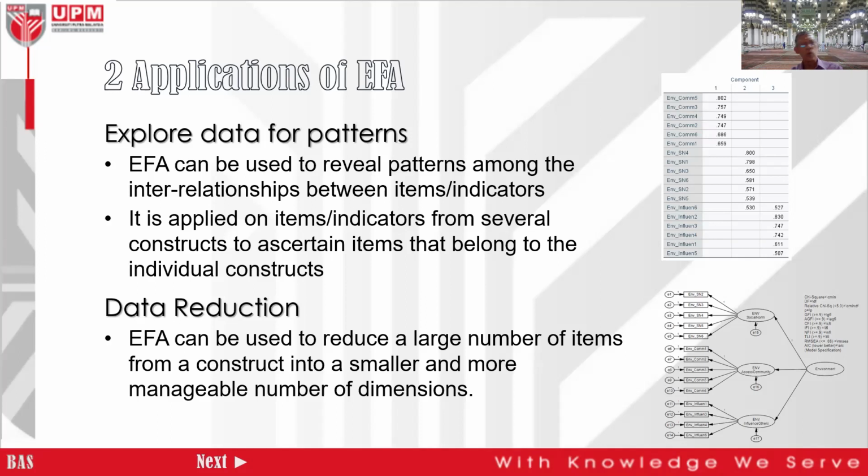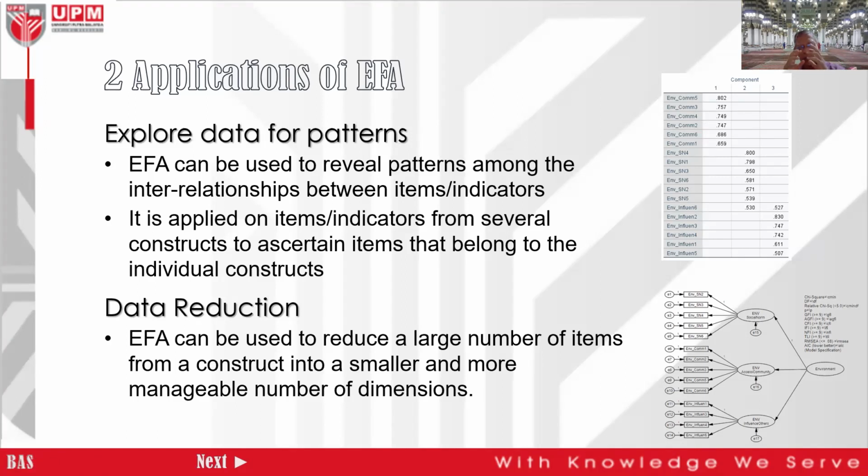And then later on, when you go for your structural equation modeling, you can proceed on to what they call, there is one term, that you can combine. You can combine these items, just become as if it is just one factor, just one item.